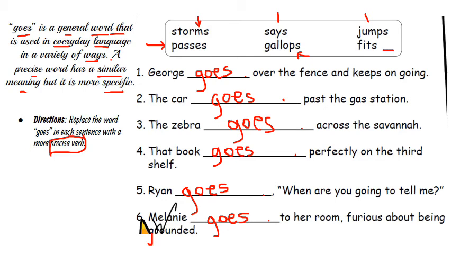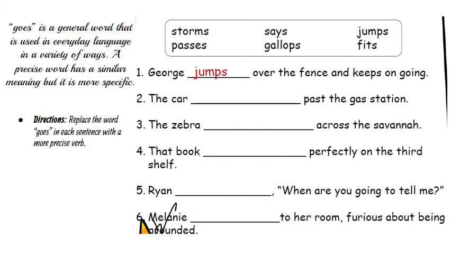Number one, rather than saying George goes over the fence and keeps on going, I can imagine that George is jumping over the fence, right? So by replacing the word goes with the word jumps, it will become much better. I'm using the precise word. I'm using a better word.